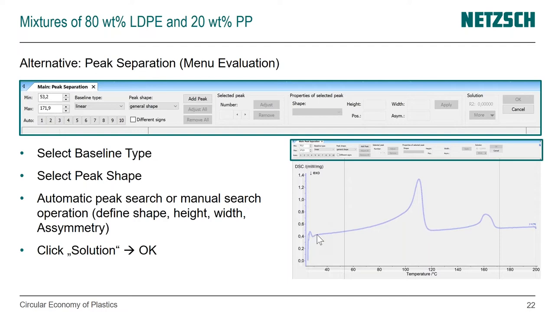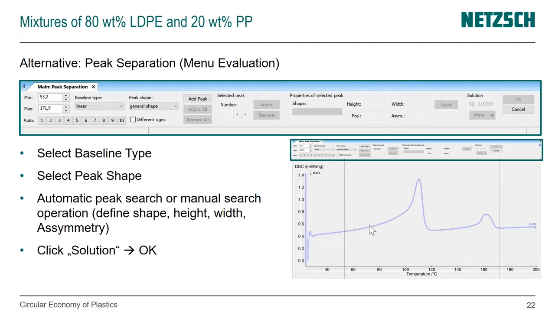So you as a user need to set the lower and upper limits, and the software is performing tangential fits to determine where the baseline is and where we start deviating, where actually this peak is starting.